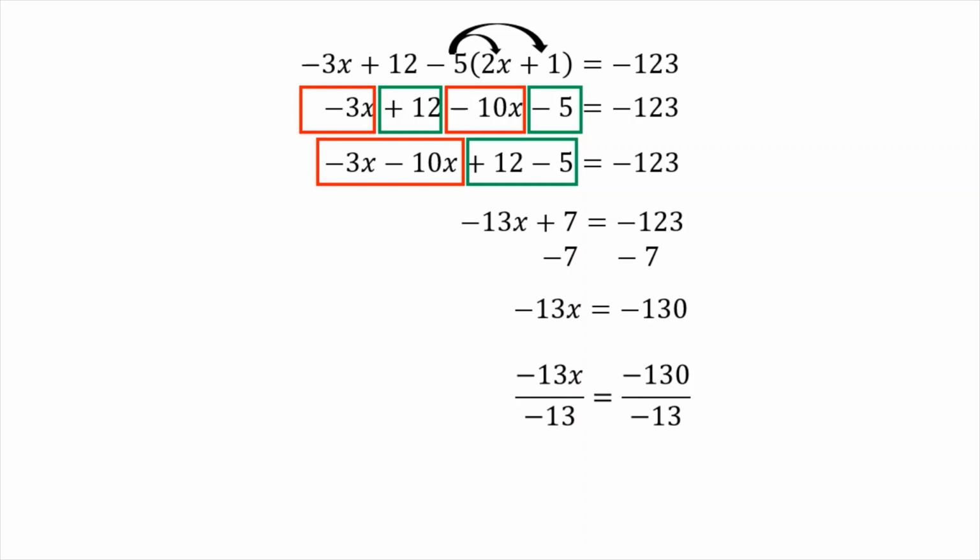We're going to divide both sides by negative 13. That cancels out my 13s on that side of the equation. And I'm left with x, a little slight problem here. x is equal to negative 130 divided by 13. I know a negative divided by a negative is going to be a positive. And 130 divided by 13 is 10.